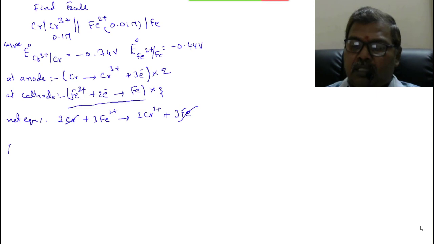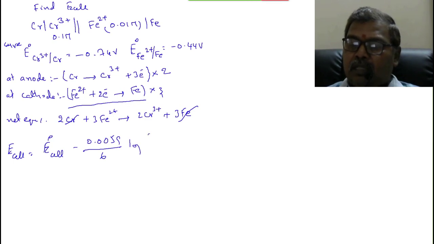Now E cell is equal to E naught cell minus 0.059 by the number of electrons involved in this equation, 6 electrons, and log Cr3 plus concentration square by Fe2 plus ion concentration power 3. So how to find E naught cell?